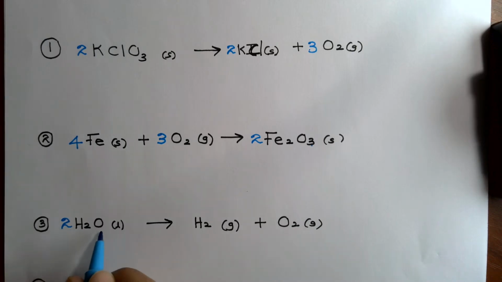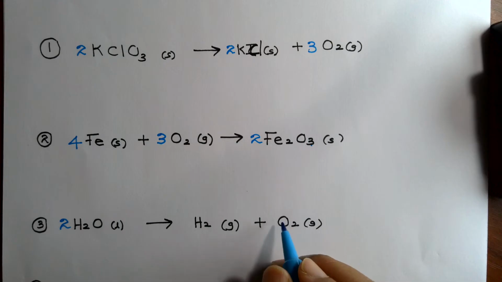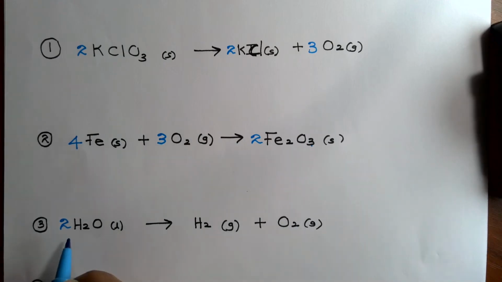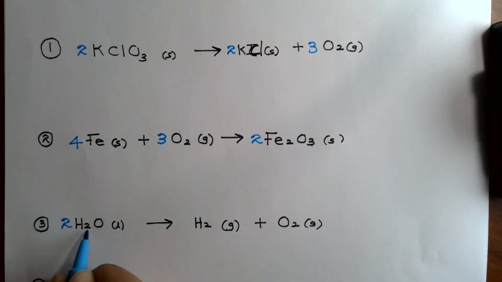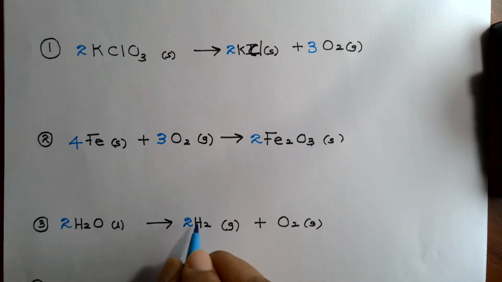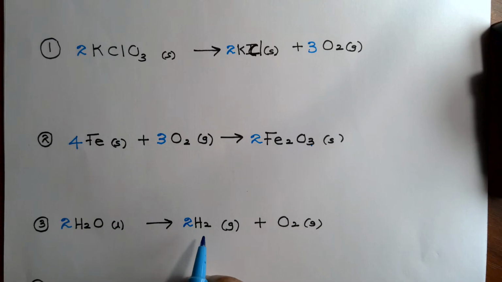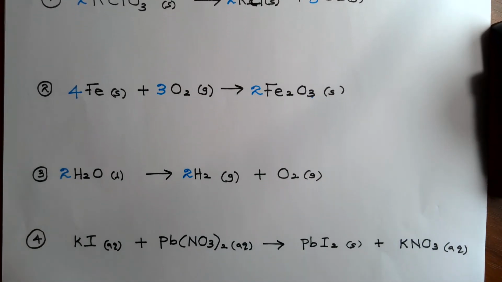Now 2 times this is 1, 2 oxygen atoms in the reactant side. Now 2 oxygen atoms, O2, 2 O atoms in the product side, oxygen balance. How about hydrogen? 2 times 2, 4 H atoms, 4 hydrogen atoms in the reactant side. So I will add coefficient 2, then 2 times 2, 4. That's how the reaction is balanced. Next reaction.